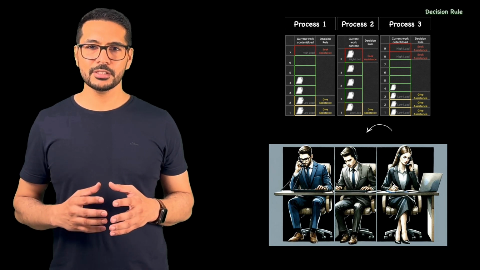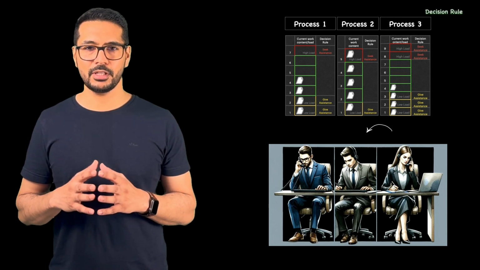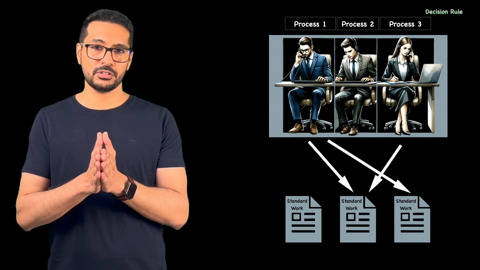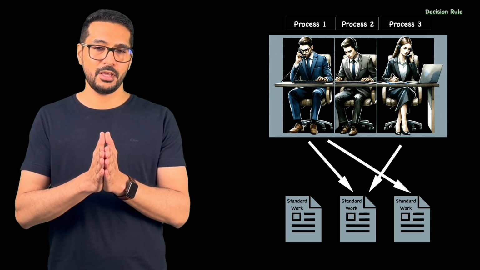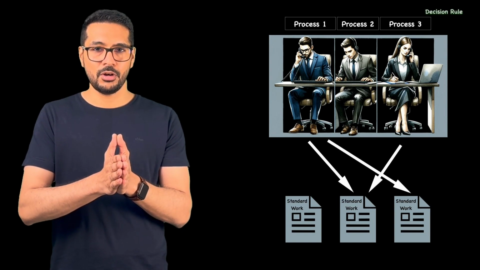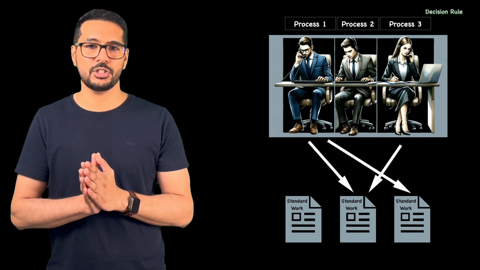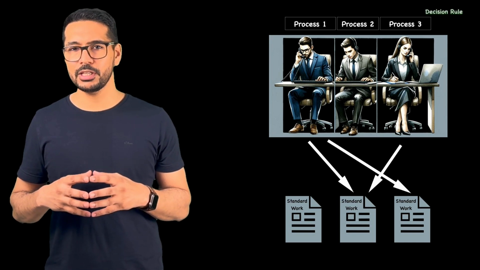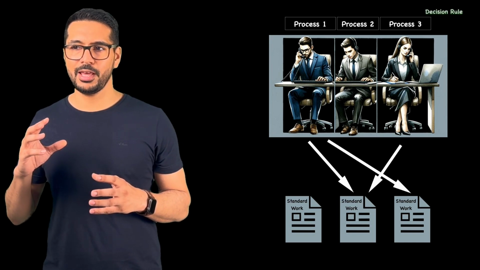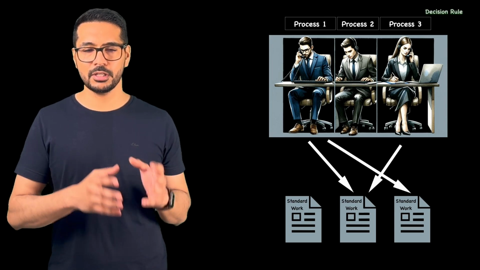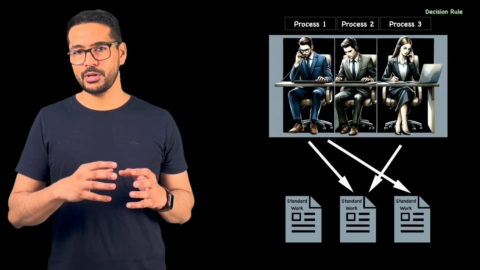We have already discussed standard work with an example. It is very important that we have standard work in place, because when we see in this example that process number 3 has to help process number 2, or vice versa depending upon the situation, if we have standard work available, it would be much easier for any employee to go somewhere else and perform, because they know what to do, when to do and how to do.